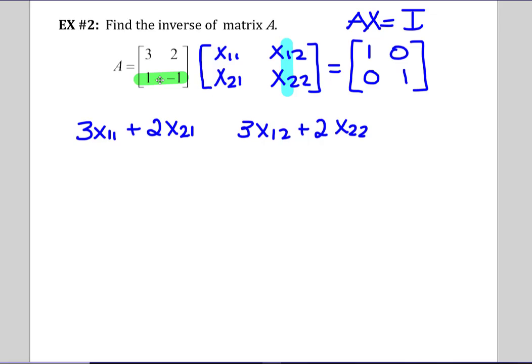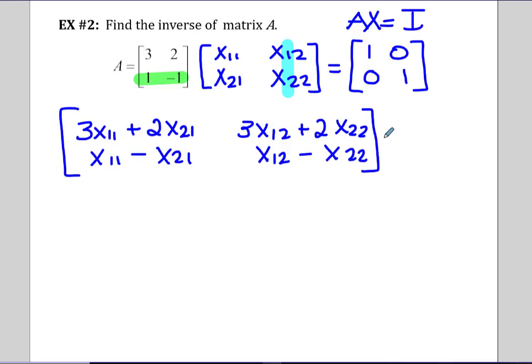Then going down to row 2, back to column 1, that's x sub 11 minus x sub 21, and then over to column 2, that's x sub 12 minus x sub 22. So this is our product matrix, and that has to be equal to the identity matrix.